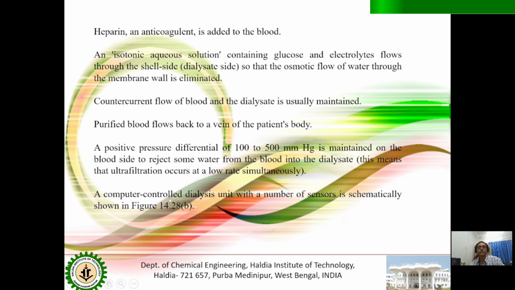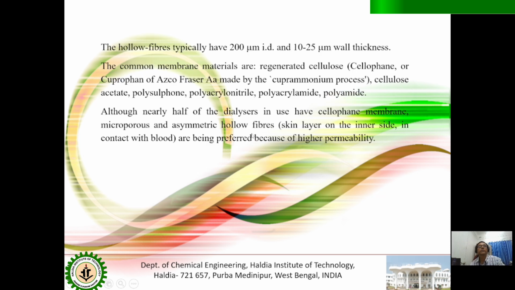In most cases the operation is controlled by computer. A hollow fiber typically has about 200 micrometer ID and 10 to 25 micrometer wall thickness. The common membrane materials are generally regenerated cellulose, the cellophane or cuprophan made by the cuprammonium process, cellulose acetate, polysulfone, polyacrylonitrile, polyacrylamide, polyamide.